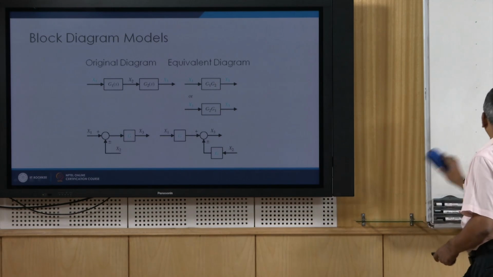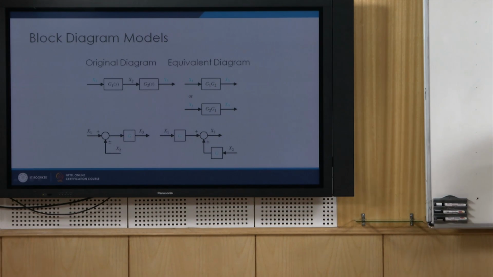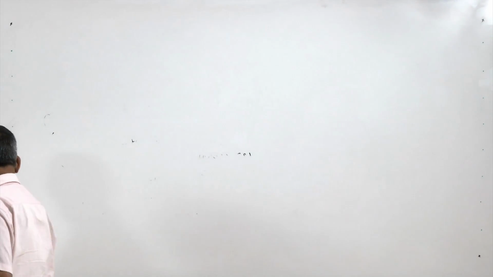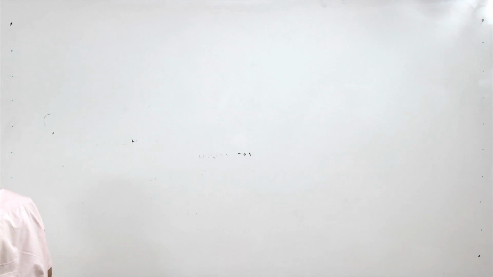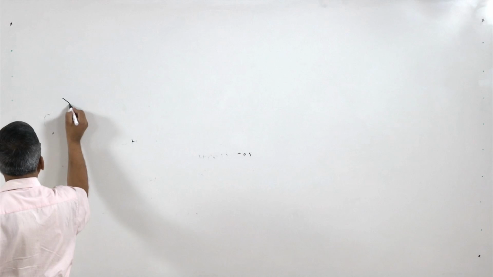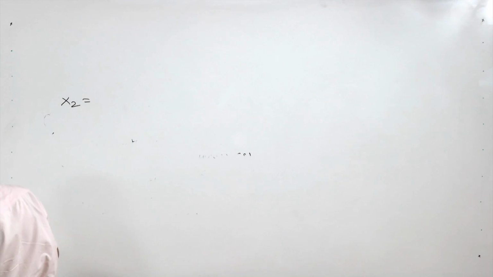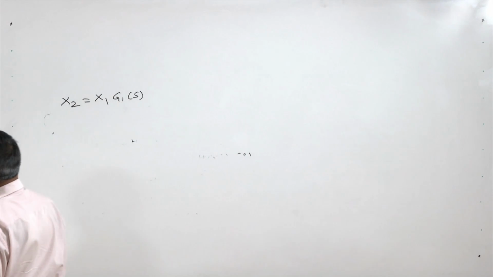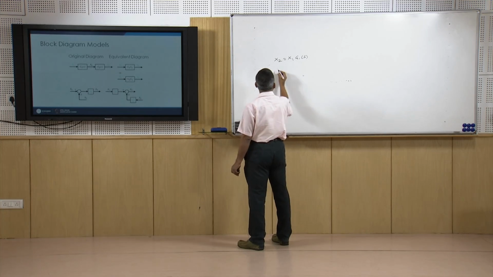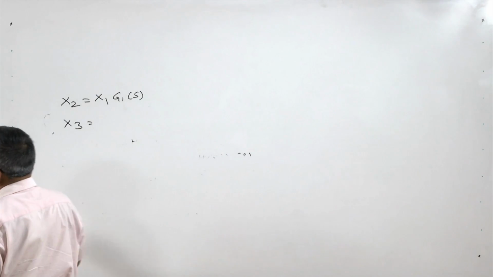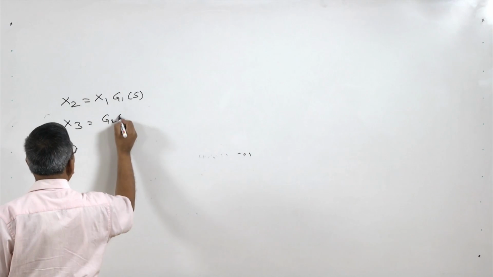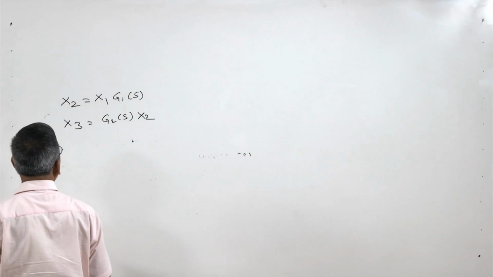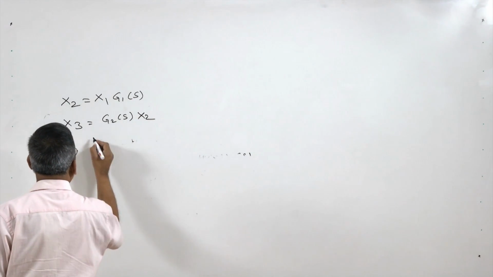Why can we represent it like this? Because we can simplify these equations. For the first block I can write x2 = x1 G1(s), and for the second block I can write x3 = G2(s) x2. And then I can substitute for x2 here.